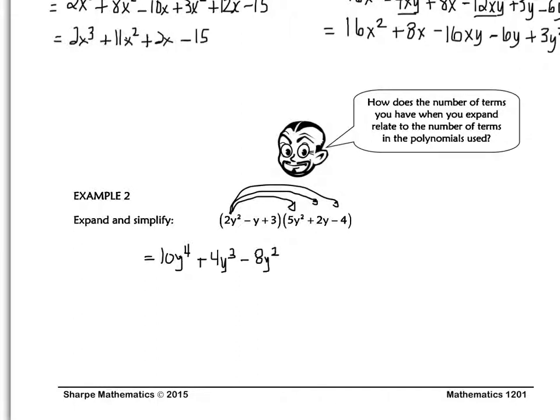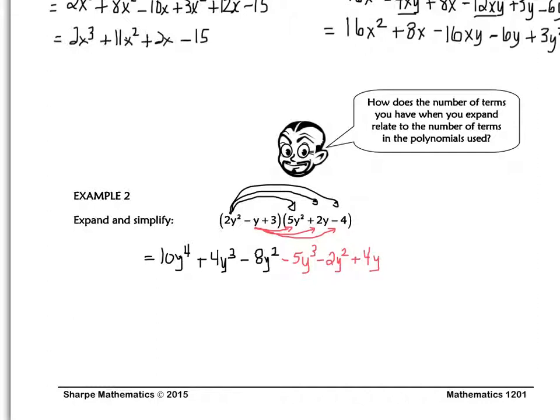And then we move to the negative y. Maybe I'll change the color just so you can see it a little bit better. So negative y times 5y is minus 5y cubed. And negative y times a 2y is minus 2y squared. And then negative y times the negative 4 is plus 4y.